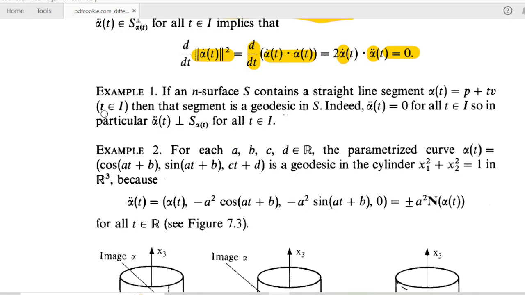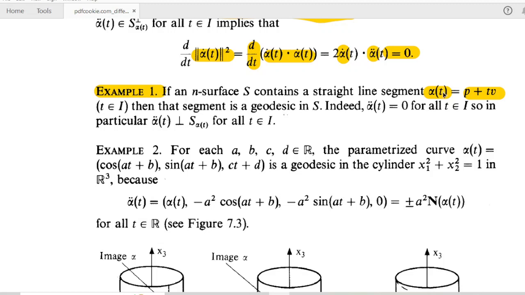Then we have our first example. If an n-surface S contains a straight line segment alpha of t equal to p plus tv, t belongs to I, then that straight line segment is a geodesic in S. That is, let S be an n-surface and it contains a straight line segment. Okay, if this n-surface has a straight line segment, then that is always a geodesic.